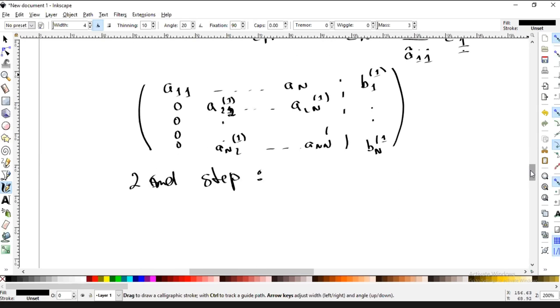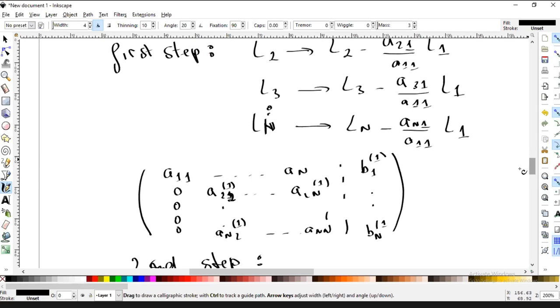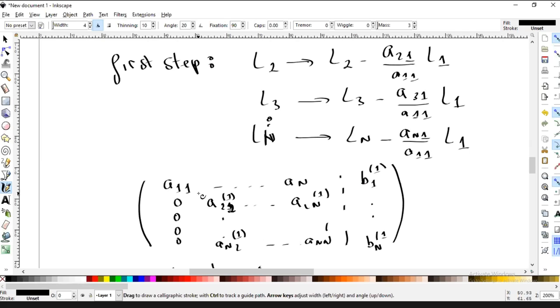At the second step, I want to subtract line 2 from all these lines below it. I keep line 2.